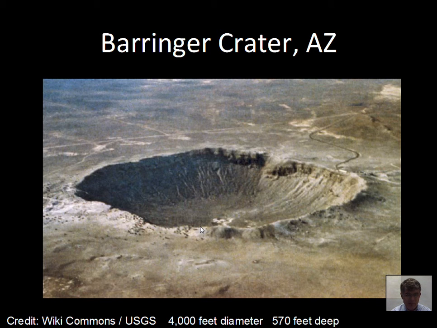As these impacts occur, the crater is 10, 15, maybe 20 times larger than the rock that crashes into the Earth. Depends somewhat on the density of the material coming in as to how effective it is at making a crater, and the speed that the rock comes in with.